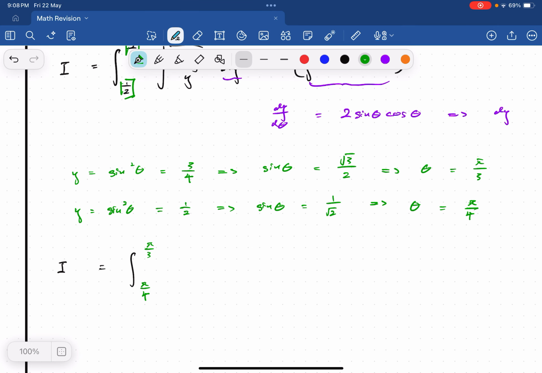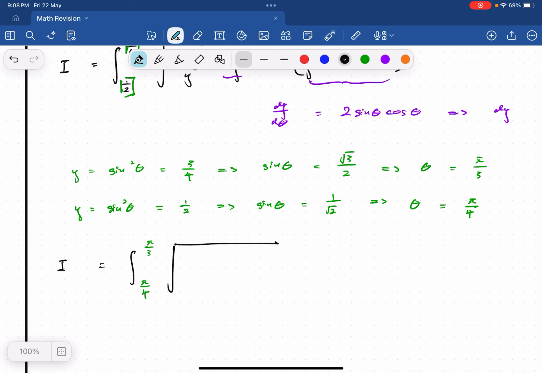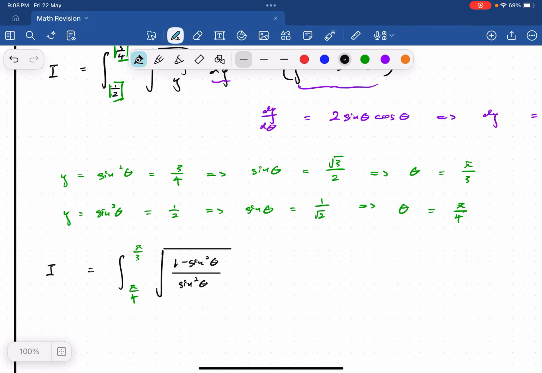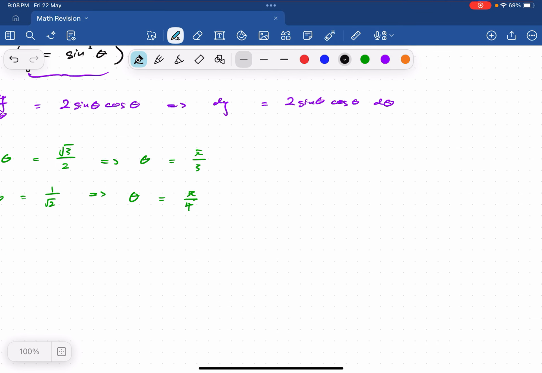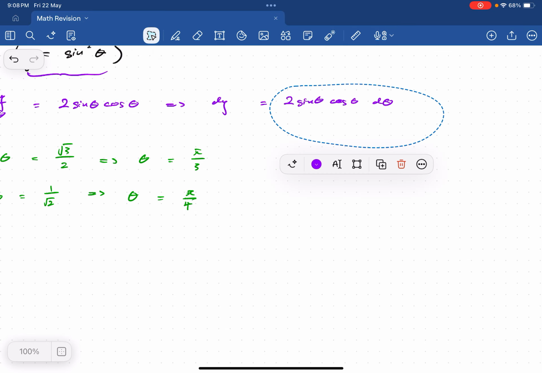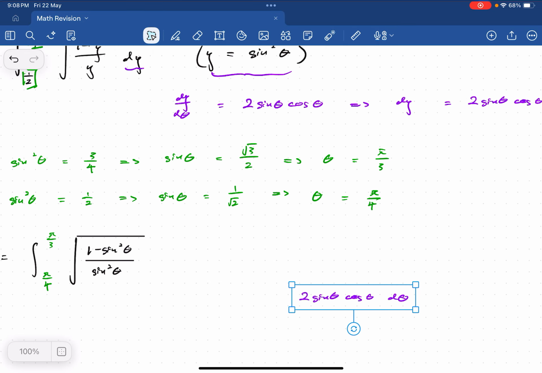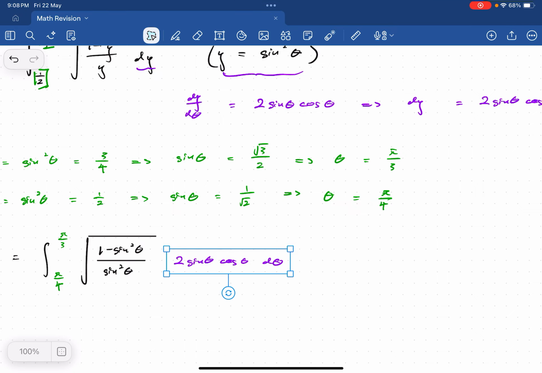Anyway, so I'm now going to replace my y with sine squared theta. So this is now going to be 1 minus sine squared theta over sine squared theta. Is this an expression that you are familiar with? Yes, right? So now I'm going to replace my dy with this thing, 2 sine theta cos theta d theta.